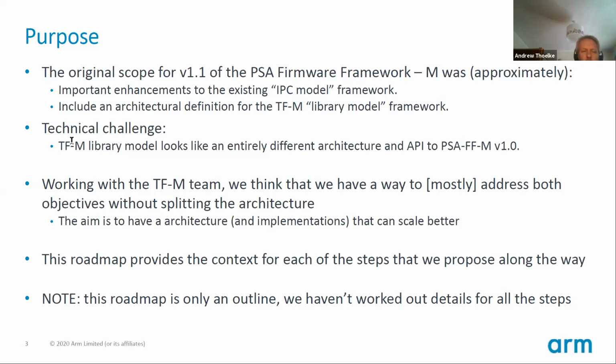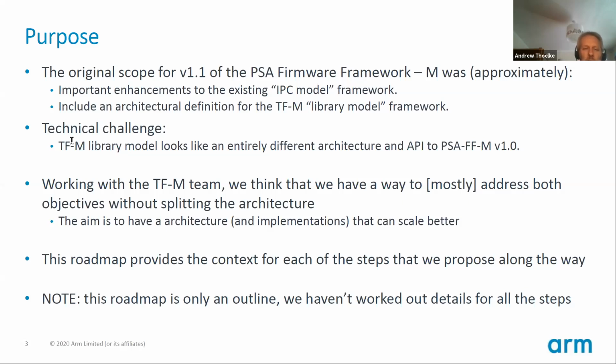Working more recently with the TFM team, we think we've got a way that mostly addresses both of the objectives without splitting the architecture. What we're really trying to achieve is an architecture and implementations that can scale better between the IPC model for complex systems and the library model for simple systems. The roadmap provides a context for each of the steps that we're going to propose along the way. Default handles was step 1.